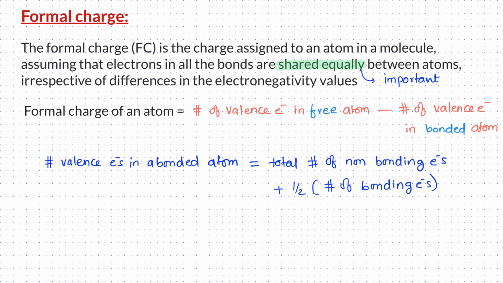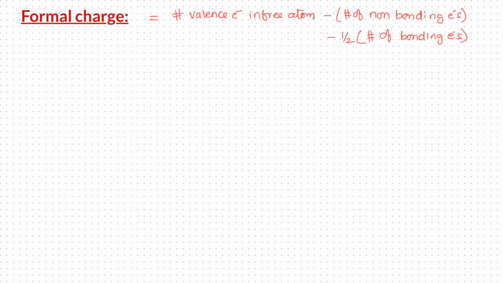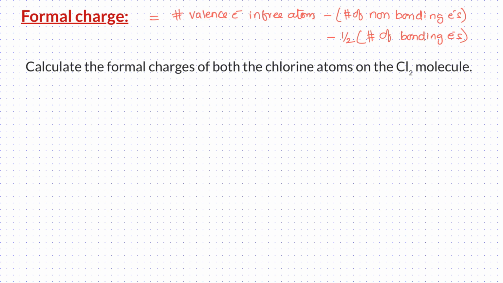Let us do a couple of examples. Calculate the formal charges of both the chlorine atoms in the chlorine molecule. First, let us draw the Lewis dot structure of the chlorine molecule. Then let us calculate the formal charge of each of the chlorine atoms.